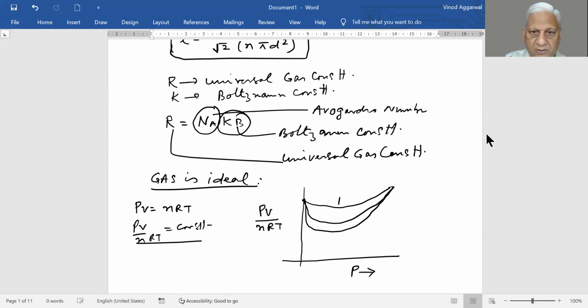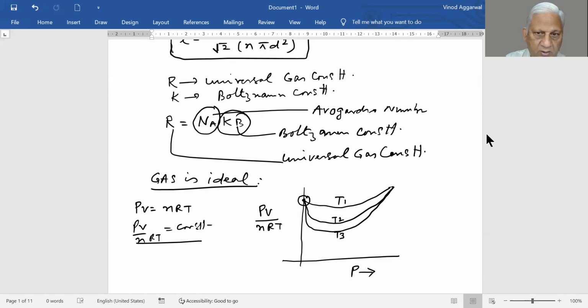This is for temperature T1, this is for temperature T2, this is for temperature T3. And this is the actual PV by nRT, which should have been for ideal case, but it is not.